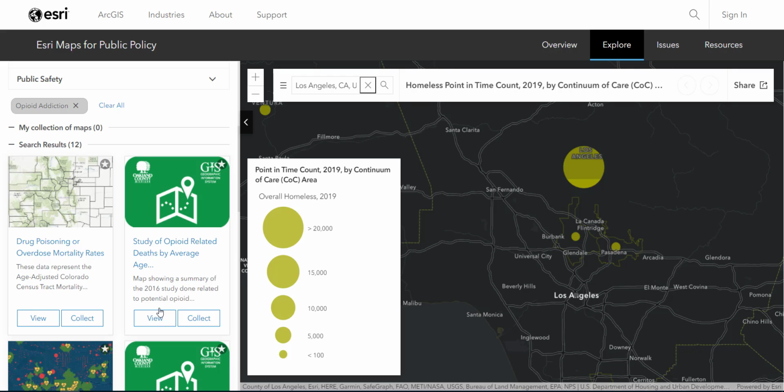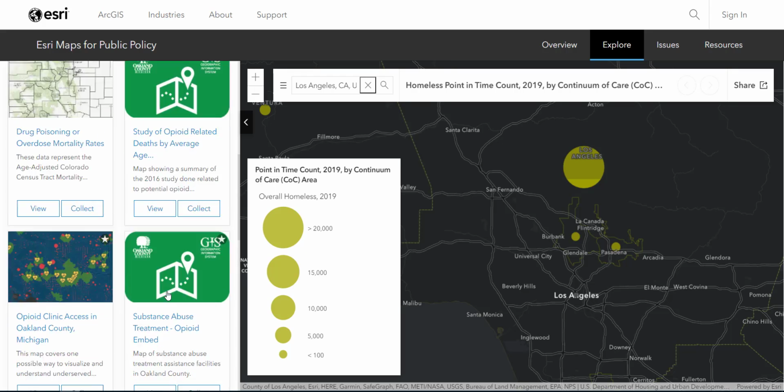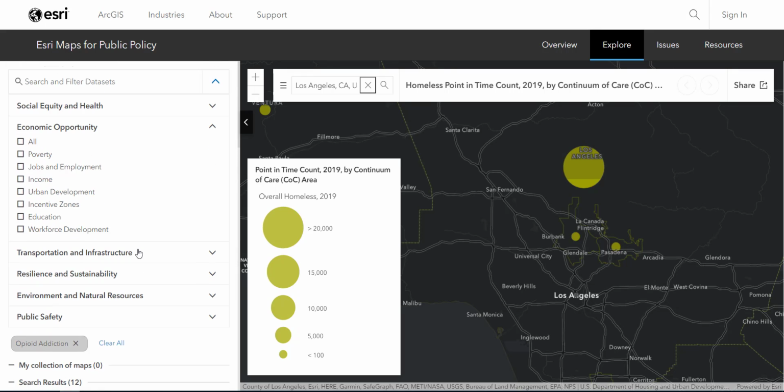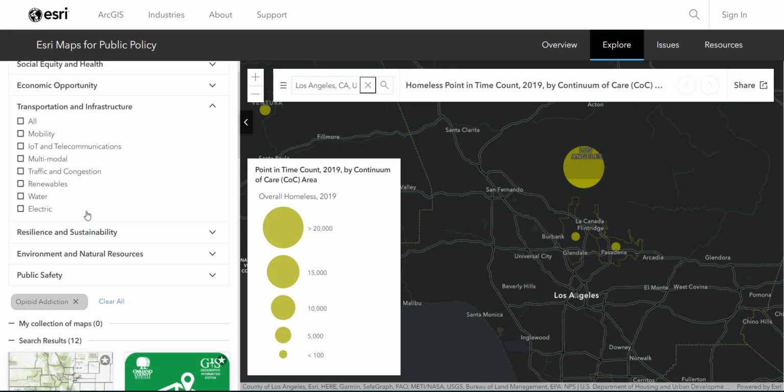So when we go through, there's also topics such as drug poisoning and overdose rates. We can see that there's also economic opportunities such as education and poverty, urban development. We also have transportation and infrastructure to give you a look at this. This is going to actually take a look at where our renewables, our water, our electricity.